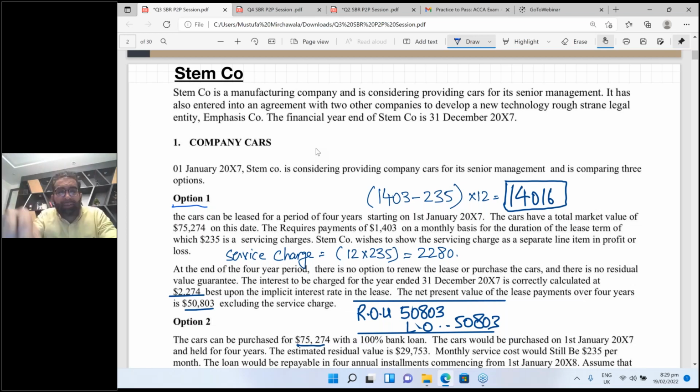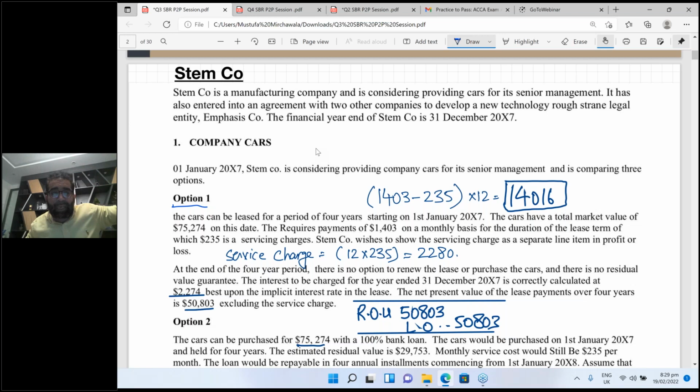When you have taken it for 4 years, that means it's more than 1 year. So whenever it is a lease of more than 1 year, you need to record it as a finance lease, and you make an entry: ROU, right of use, debit, and lease obligation credit.